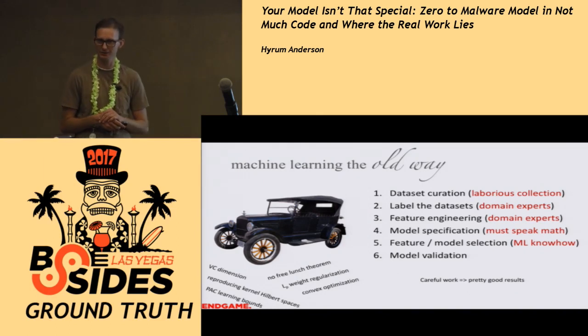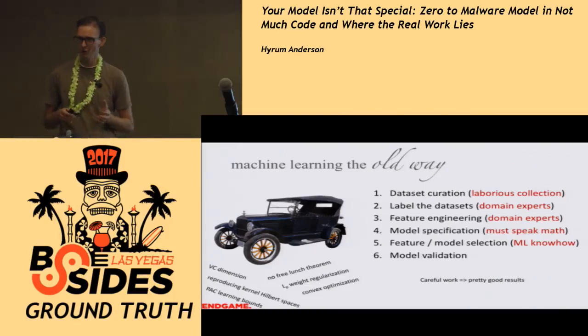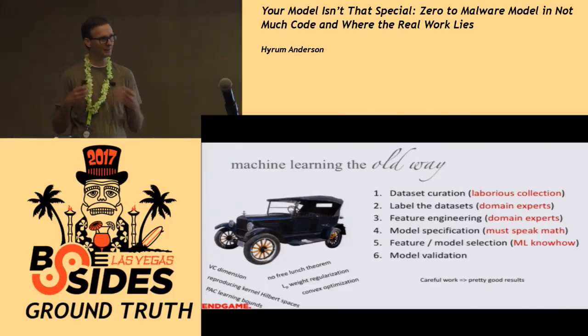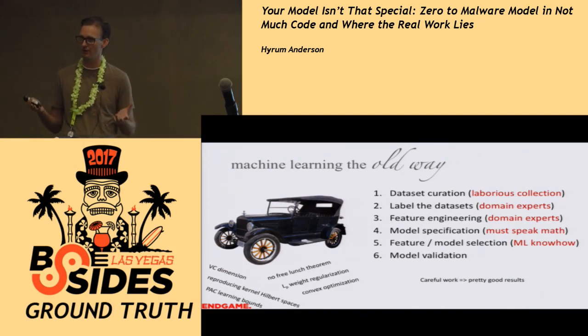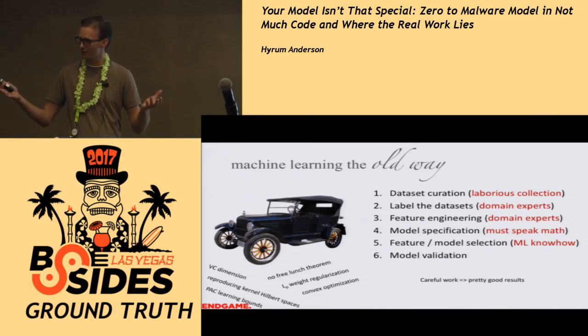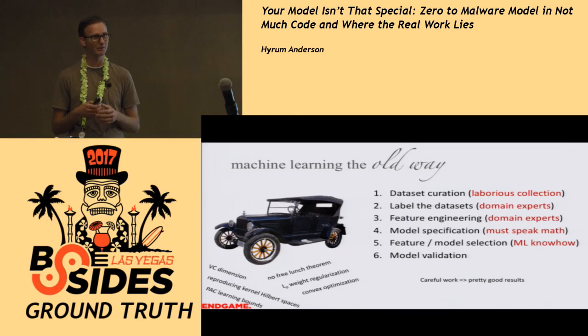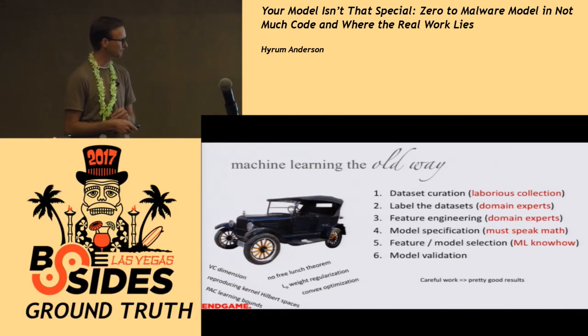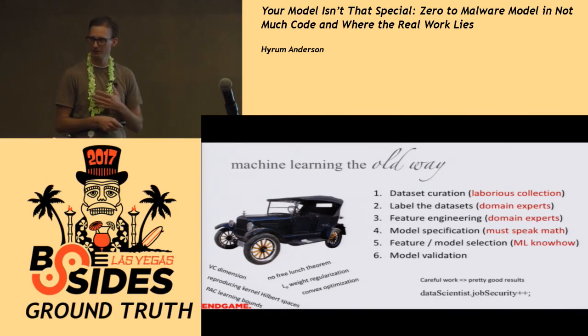Data scientists who spoke a lot of math would propose various model types, and they'd throw words around like VC dimension and no free lunch theorem and other things that would make them sound smart, and their department would believe them because these were big words. And out would come this model that was pretty good, pretty decent, and it was good for job security.